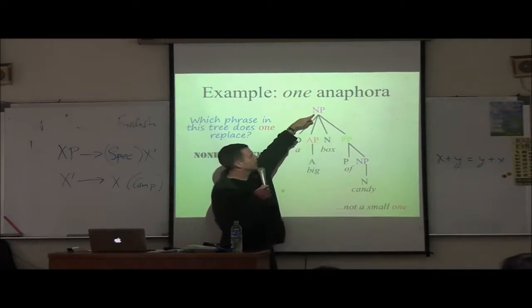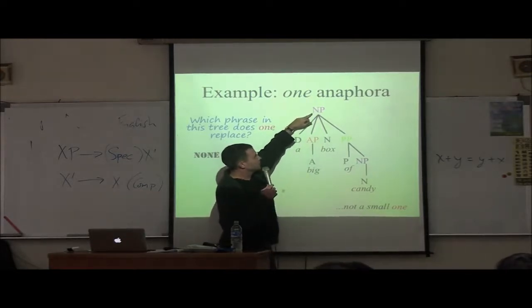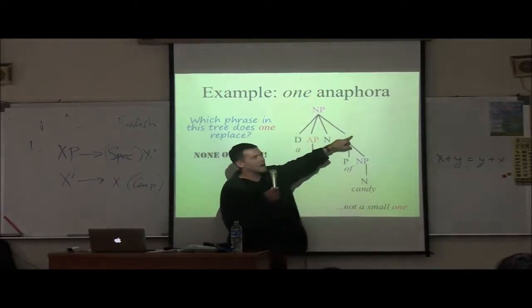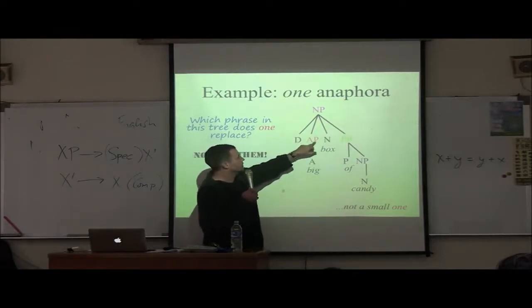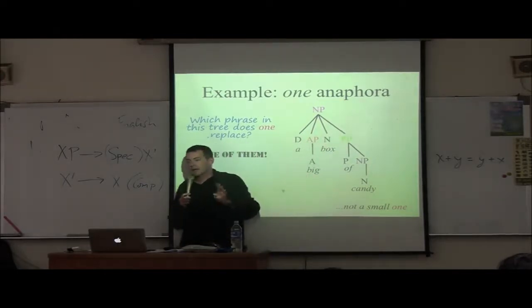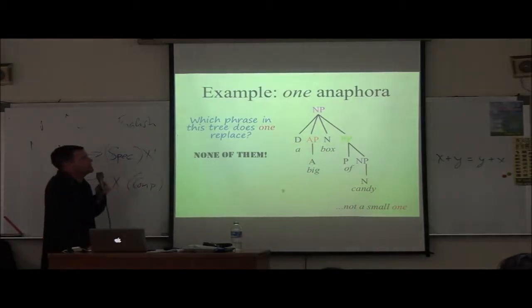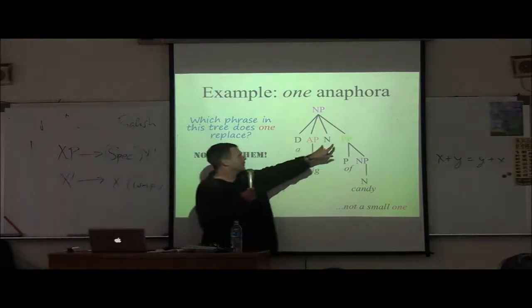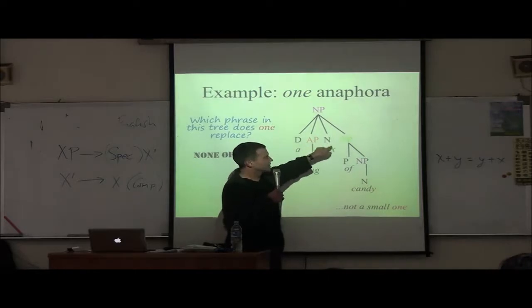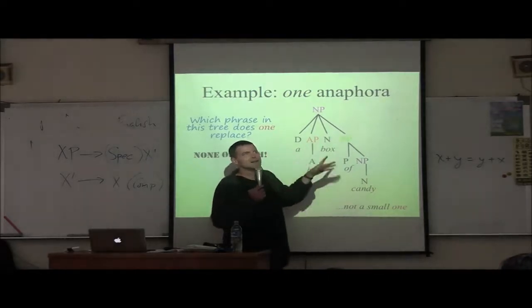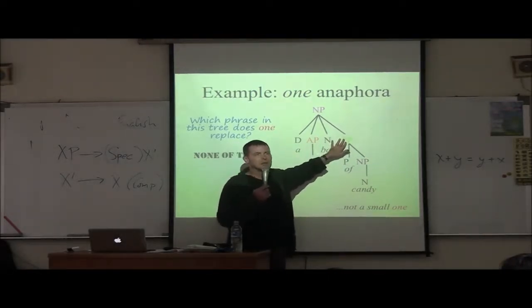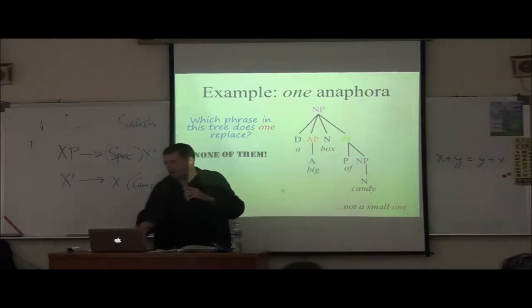This is the mother, but she exhaustively dominates this entire set of nodes. Right? 1, 2, 3, 4 daughters. So that's a constituent. It's an NP, of course. But that's not what this word is going to proxy for. It's not what it's substituting. We want to say what kind of phrase is box of candy. We want this thing to be a constituent in the tree, but it's not.